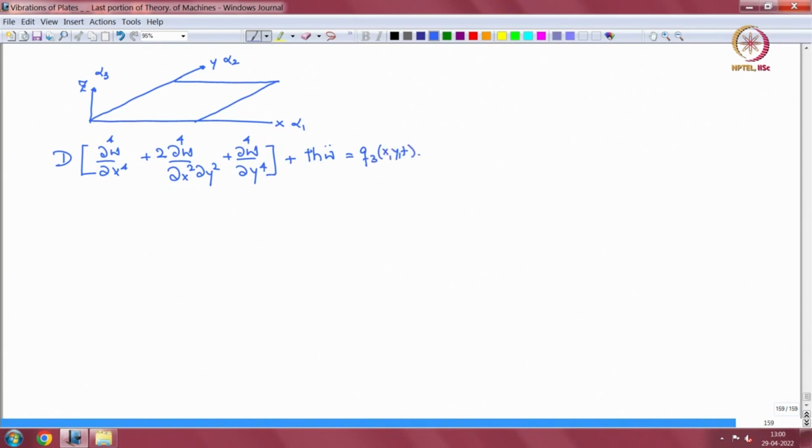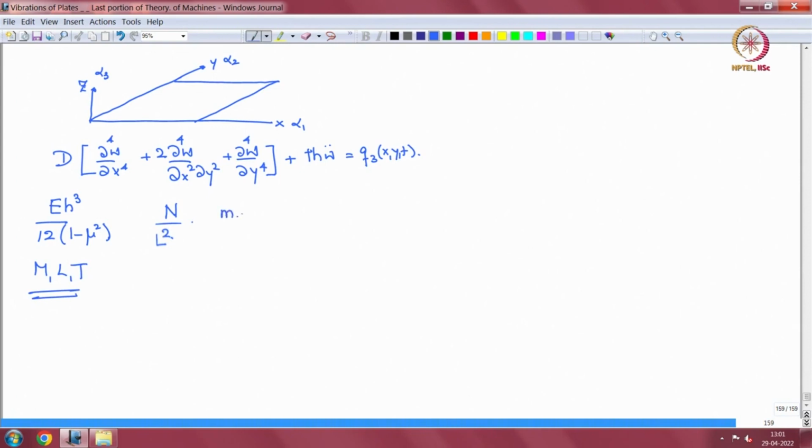Now let us look at D. D is what? E h cube by 12 into 1 minus mu square. So in terms of mass, length and time, the fundamental units, E is what? Newton per length squared, and Newton is what?